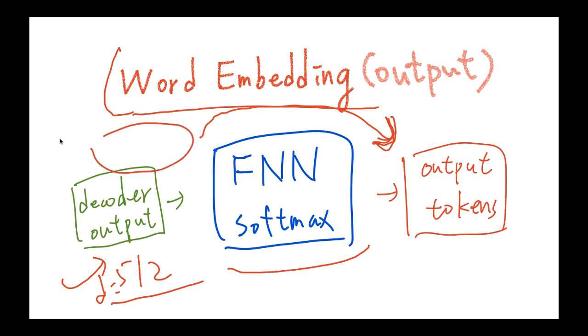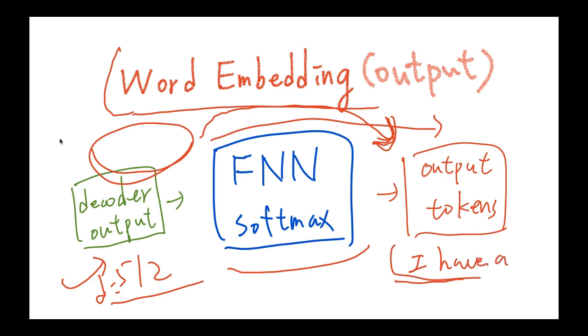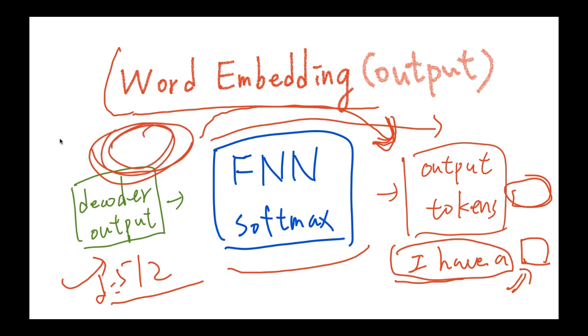Let's say you are doing translation from French to English. You already have "I have a", and you are predicting the next token. You have one vector here, and you put this vector into the reverse embedding layer. Then it tells you that the last token should be pen.